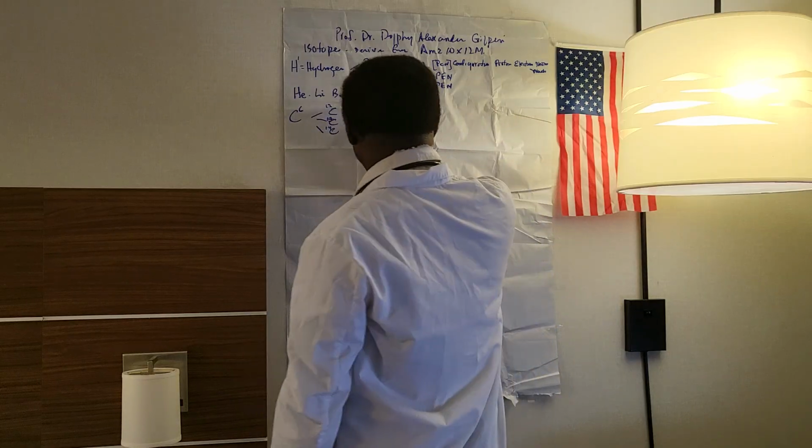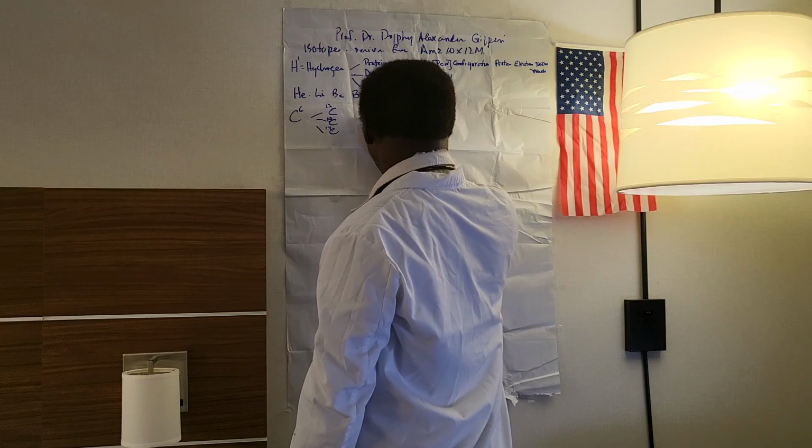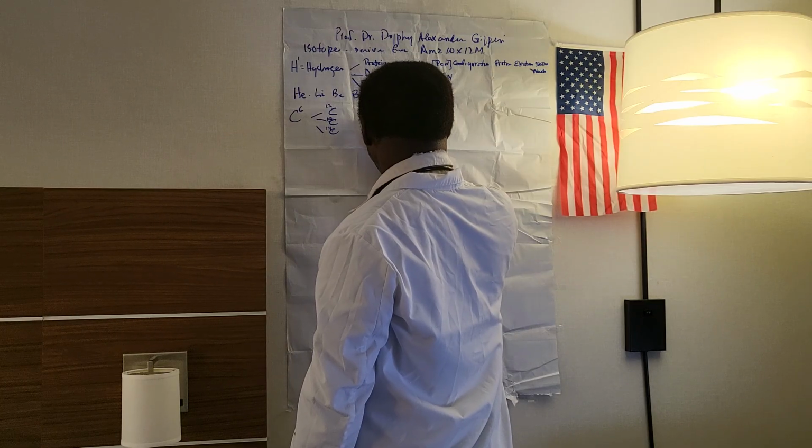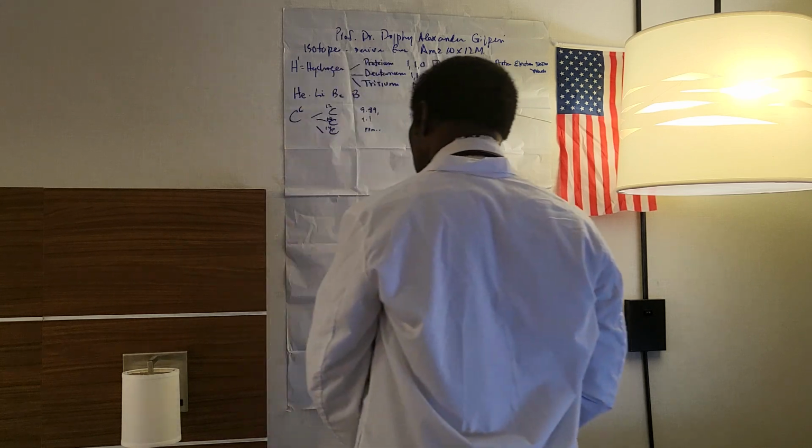And the relative abundance will be 98.9, 1.1, and parts per billion.